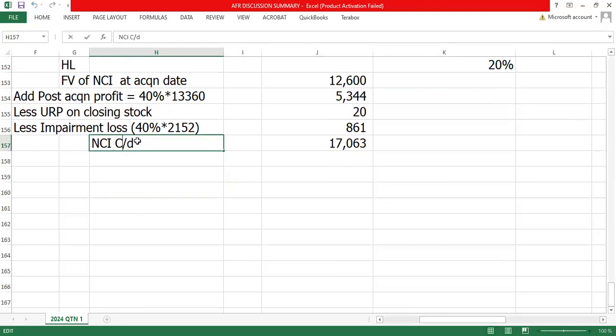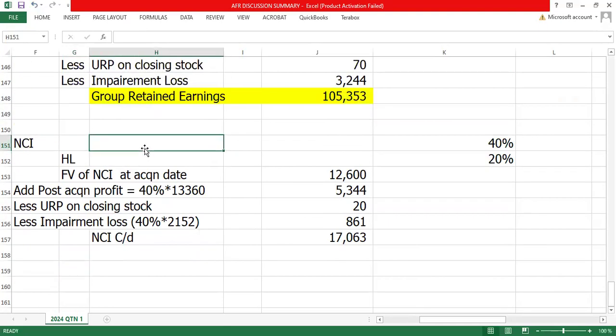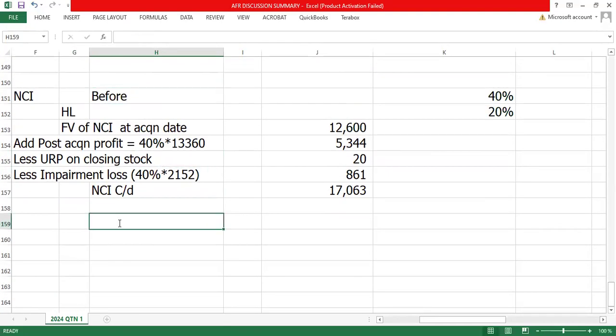It should have been this one, but this is before. This is the value of NCI as at this date. But now, after the 20% stake, you will need to reduce the NCI.